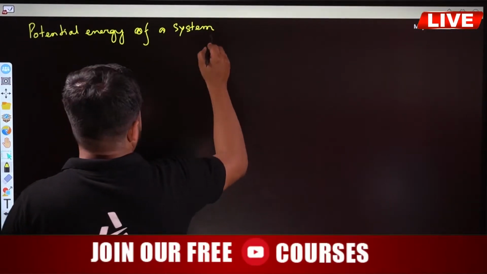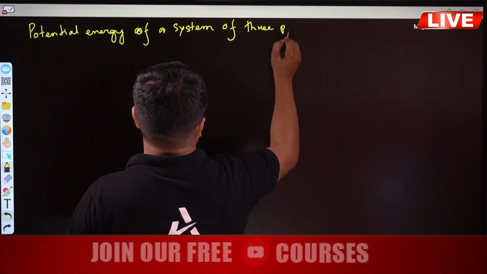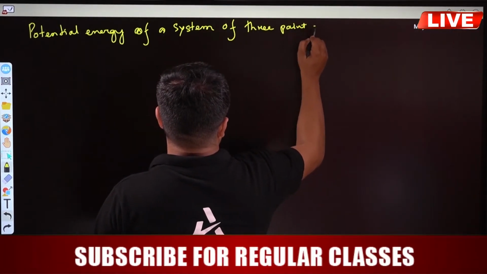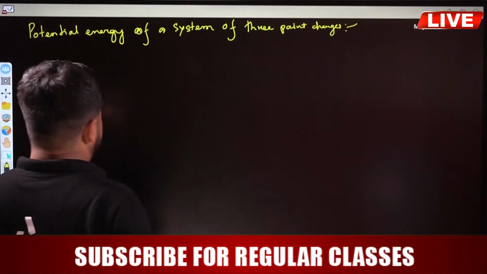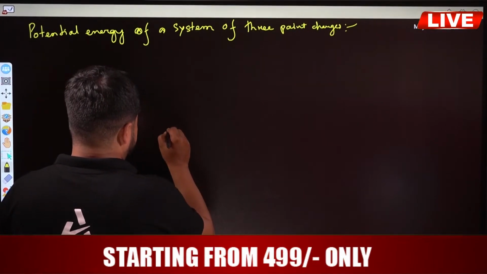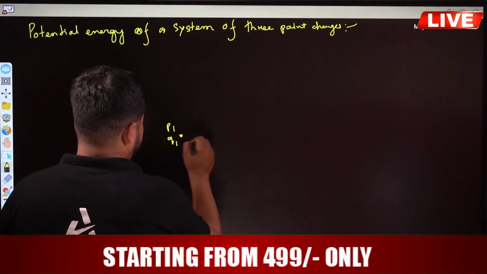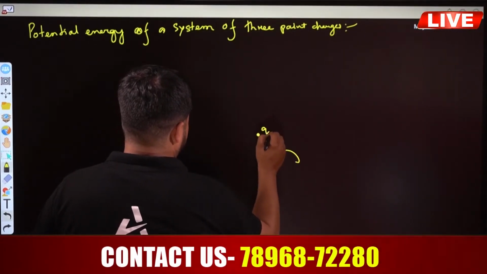System of three-point charges. Potential energy of three points. Same diagram as earlier, where this is P1, this is the Q1 charge, and this is P2, with infinity far away. So this is the Q2 charge.